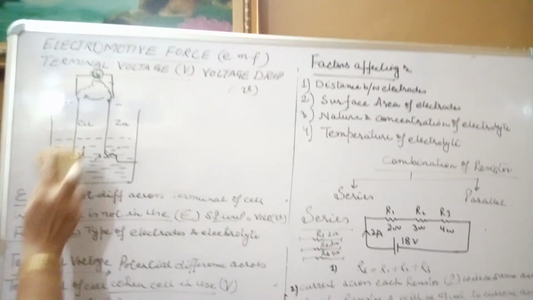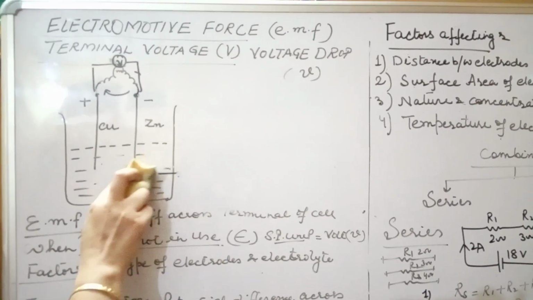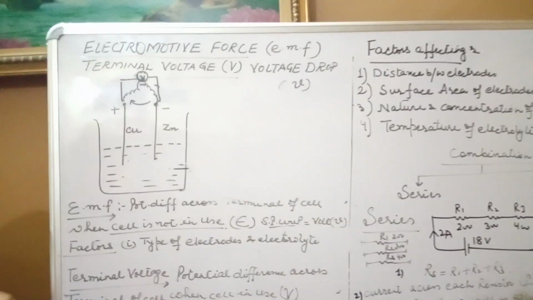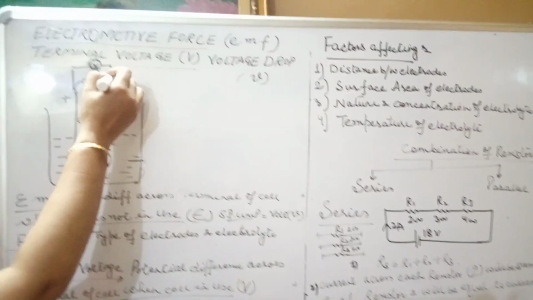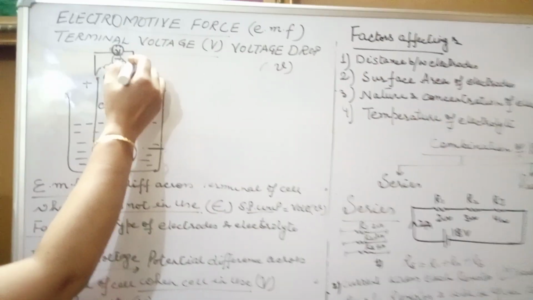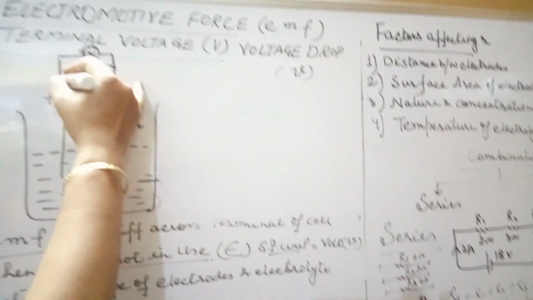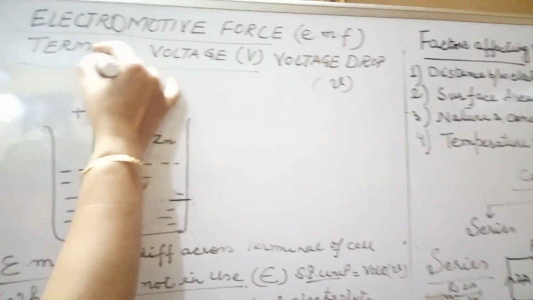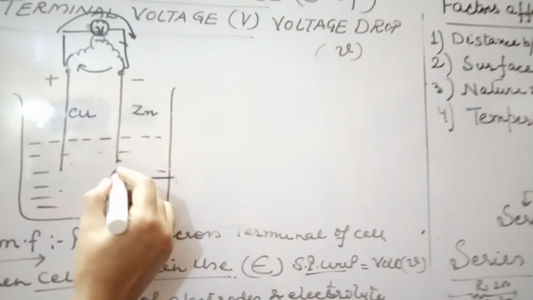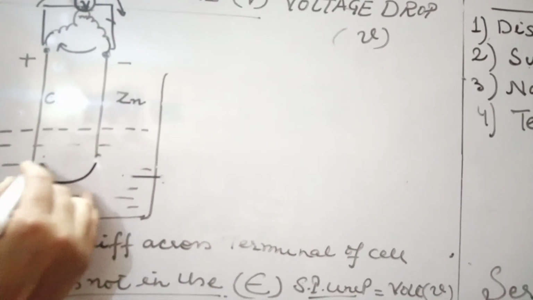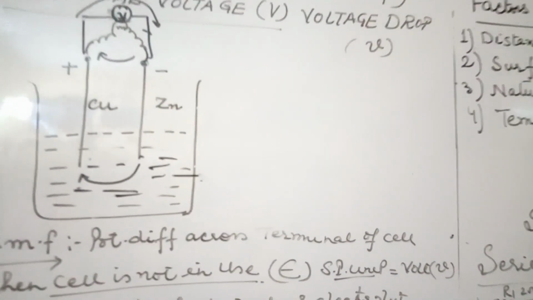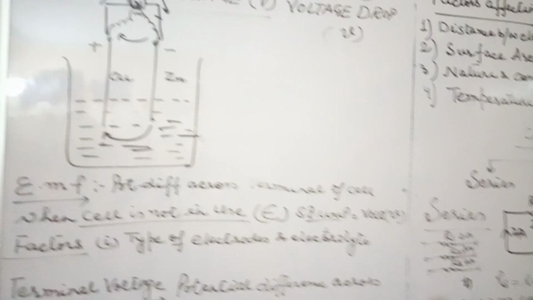Now again come back to the same diagram where we started the story. You have seen that outside, the circuit is completed when current flows from positive to negative like this. But inside the cell, the circuit is completed through the electrolyte. You know current will flow only when the circuit is completed.